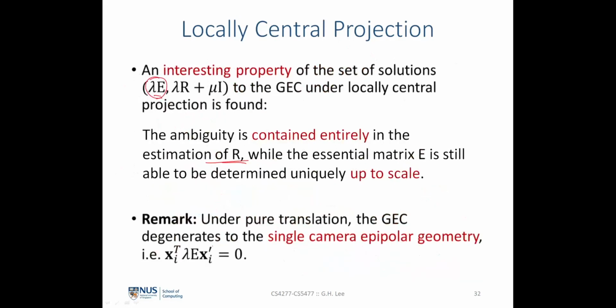So in this particular case, under pure translation, we can conclude that it's never possible to recover the scale of the translation, because it's equivalent to the single pinhole camera epipolar geometry.